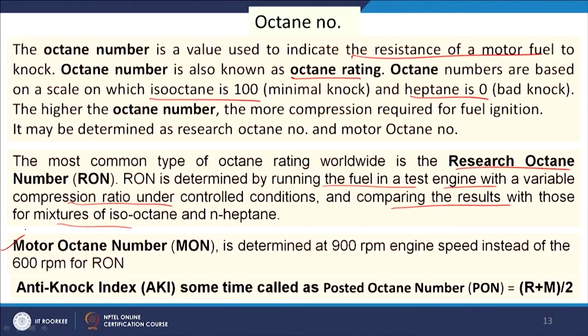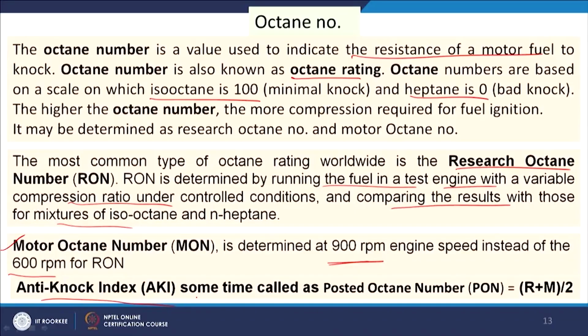So, this is the research octane number, and when the vehicle is on the road with actual loading, it will be consuming some more energy. So, motor octane number is also used. In this case a higher RPM is used, 900 RPM, whereas for RON it is 600 RPM.